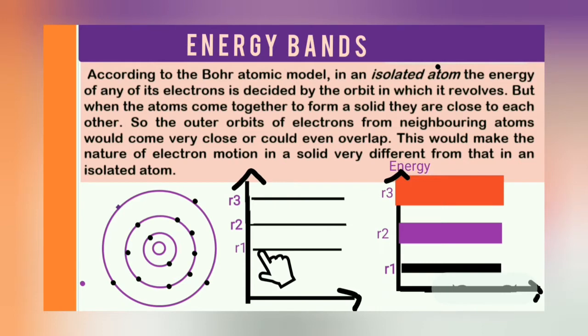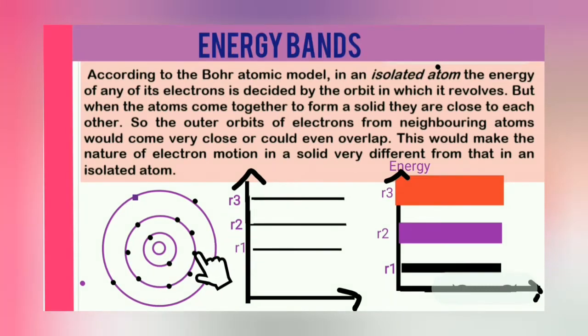So this corresponds to the first orbit, this corresponds to the second orbit and this corresponds to the third orbit. Here it is shown by discrete lines because it is an isolated atom. The energy of this orbit is discrete.